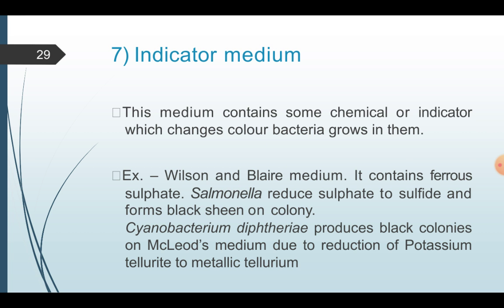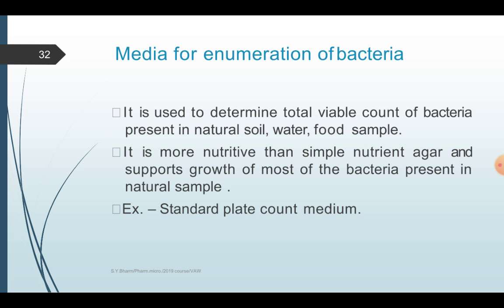Indicator media. These media contain a small chemical or indicator which changes color when bacteria grow in them. An example is Wilson and Blair medium. It contains ferrous sulfate; Salmonella reduce sulfate to sulfide and form a black sheen on the colony. Corynebacterium diphtheriae produces black colonies on McLeod medium due to reduction of potassium tellurite to metallic tellurium.